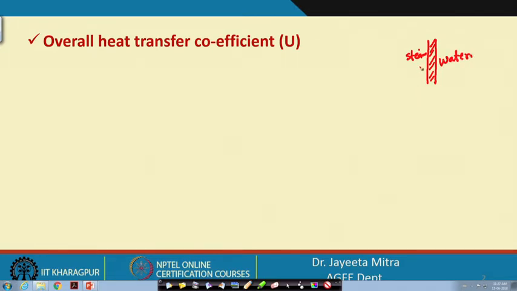So, on the water side there will be a convective heat transfer coefficient, let us say HO. Then heat has to be conducted through this wall where the conductivity is K, and on the inner side where the water is, let us say the convective heat transfer coefficient is HI, where heat Q is being transferred across it. Okay. So, we will see now how we take the value of the overall heat transfer coefficient.